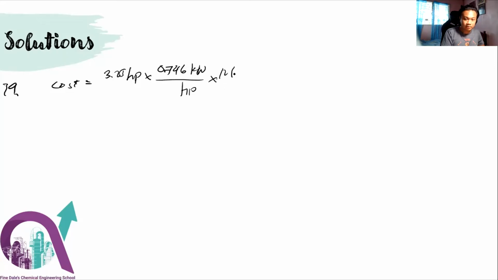We have 12 hours a day, and then 3.73 pesos per kilowatt hour. Then we have 300 days per month. So cancel.